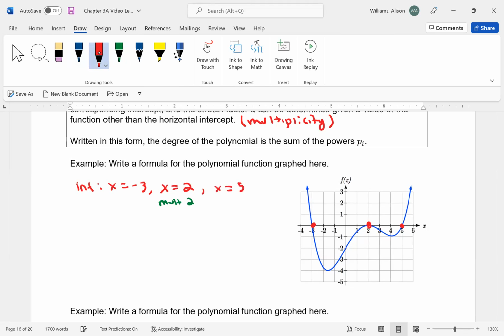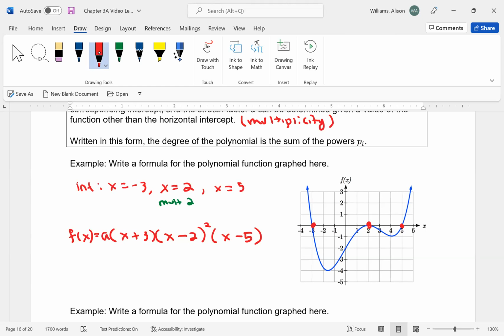All right. So if I'm going to write this in factored form, I'm going to basically work backwards. So as a factor, this would be x plus 3. This would be x minus 2. And this would be x minus 5. And technically, x minus 2 is squared because it has a multiplicity. And this would be a potential equation for our polynomial.